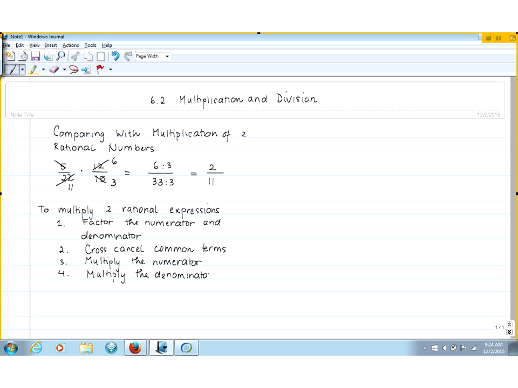Now we're going to leave answers in factor form for this. So we're not multiplying it out. We're not distributing them. We leave them in factor form. All right.